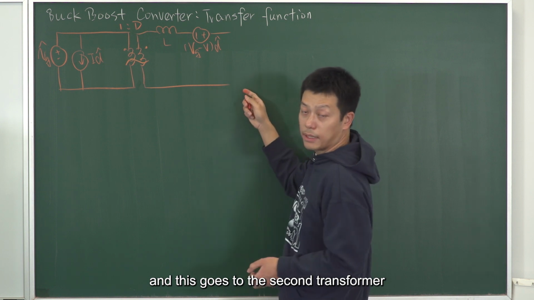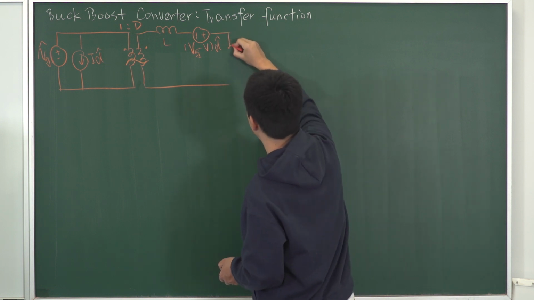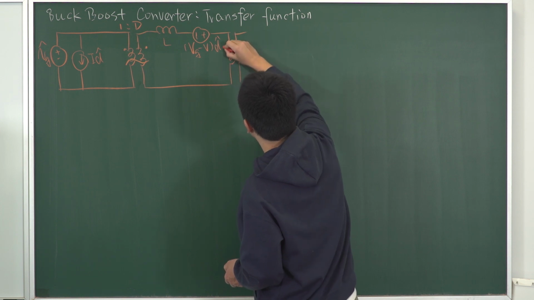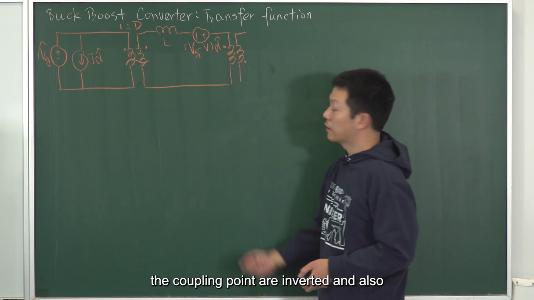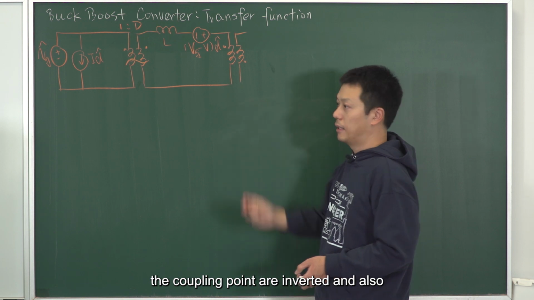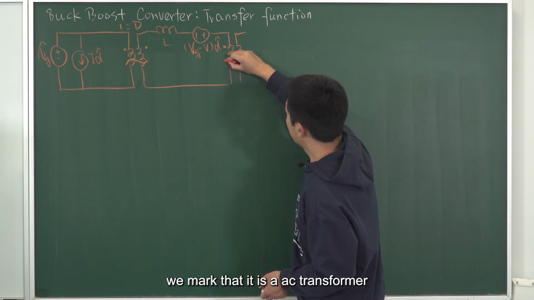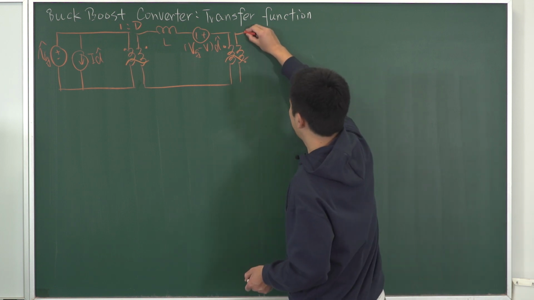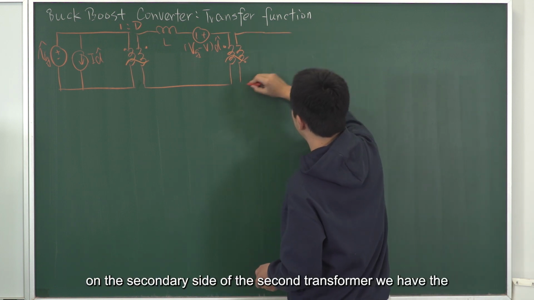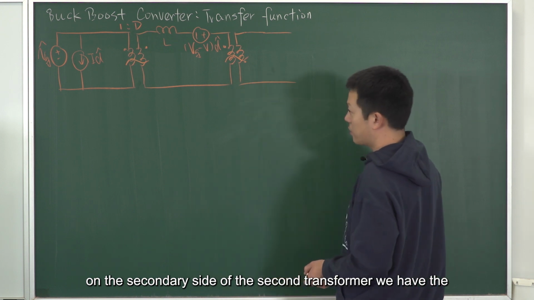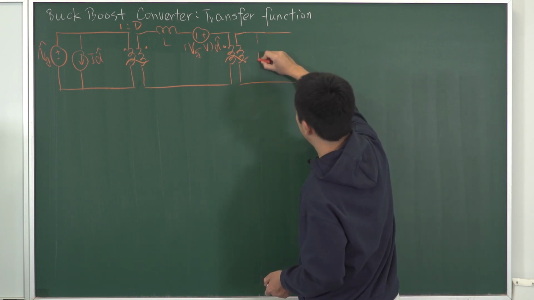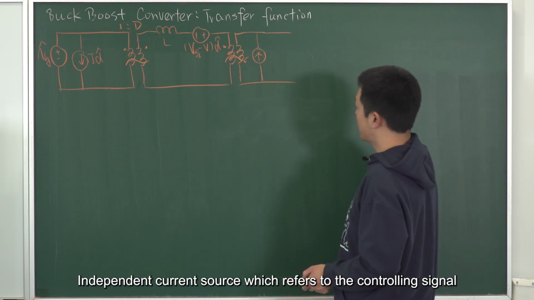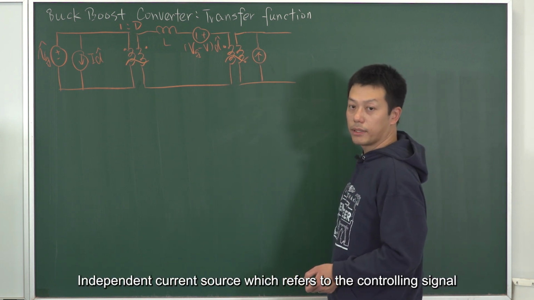This goes to the second transformer. For this second transformer, the coupling points are inverted, and we also mark that it is an AC transformer. On the secondary side of the second transformer, we have an independent current source, which refers to the controlling signal.